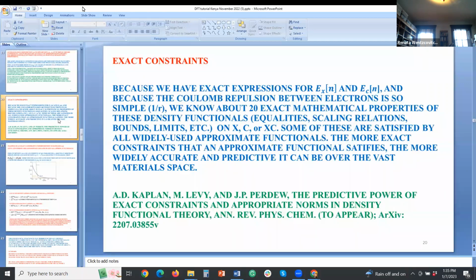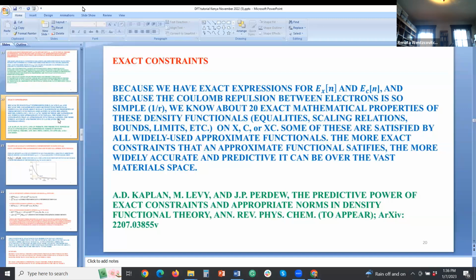Because we have exact expressions, and because the Coulomb repulsion between electrons is very simple, it's just 1 over r, we now know about 20 exact mathematical properties of the density functionals for the exchange and correlation energy. And these mathematical properties include equalities, scaling relations, bounds, limits, and so on, on the exchange energy, or on the correlation energy, or on the sum of the two.